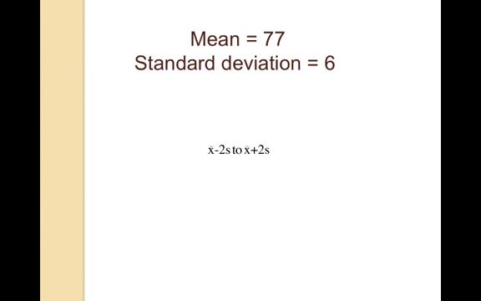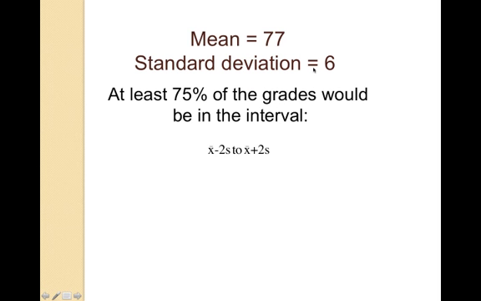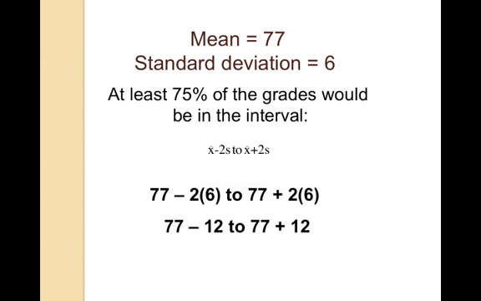So we want to go from x bar minus 2 times the standard deviation to x bar plus 2 times the standard deviation. So we're going to do 77 minus 2 times 6, and then 77 plus 2 times 6. So we're going to have 77 minus 12 to 77 plus 12. So that would be 65 to 89.